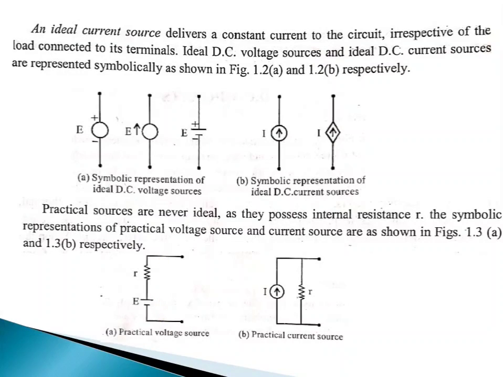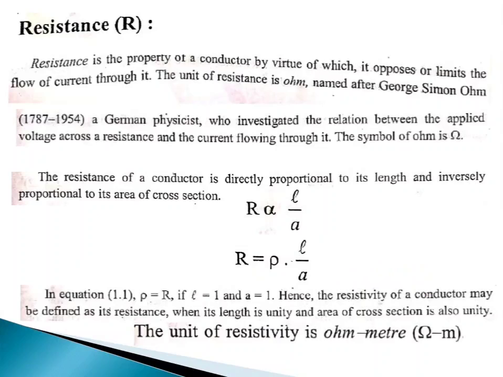The practical voltage source has the voltage source E along with an internal resistance, and the practical current source also exhibits some resistance, as shown. In the voltage source, the internal resistance is connected in series, but in the current source, the internal resistance is connected in parallel.